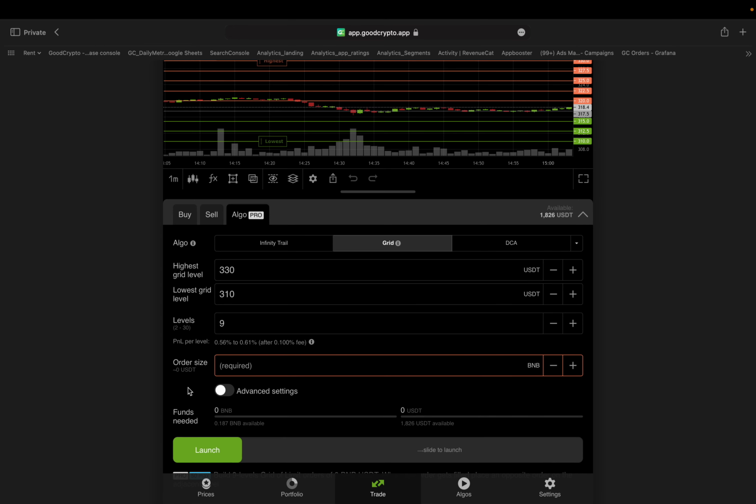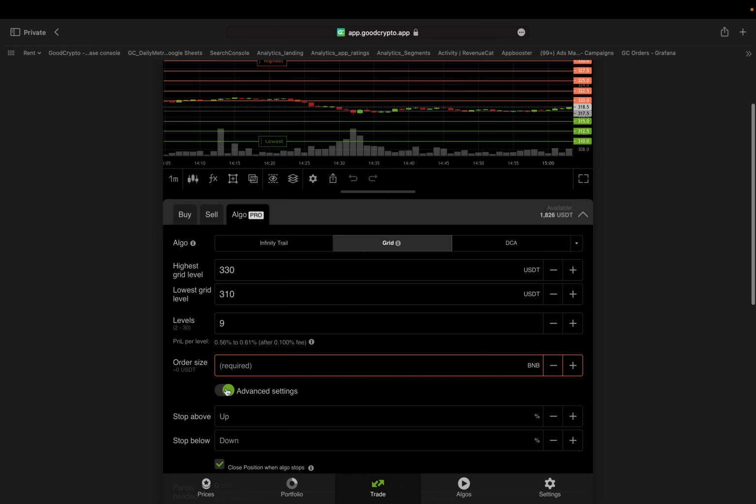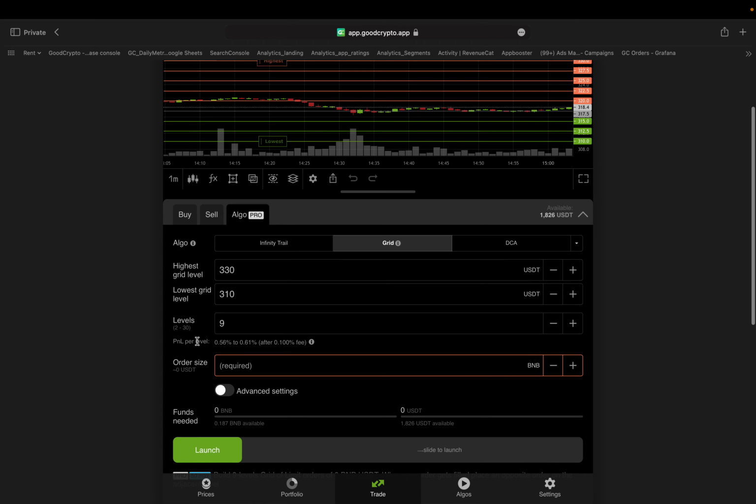Here is the thing: we have a very nice tool here. You probably don't know that if your order size field is empty and you hit the plus sign for the first time, we fill it with the minimum order size that can be accepted by the exchange.